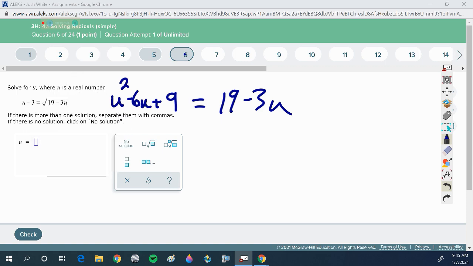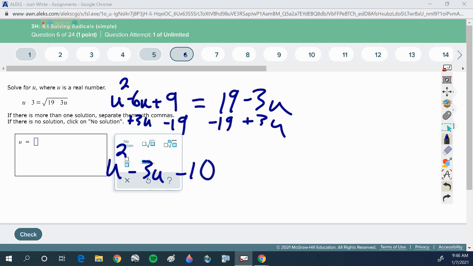Okay. Now what? Move them all to the u squared side. So add 3u. U squared minus 3u. Subtract the 19. Minus 10.